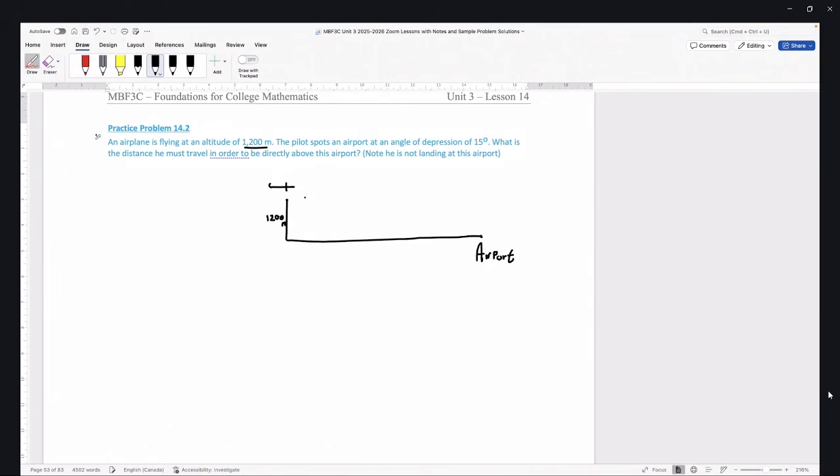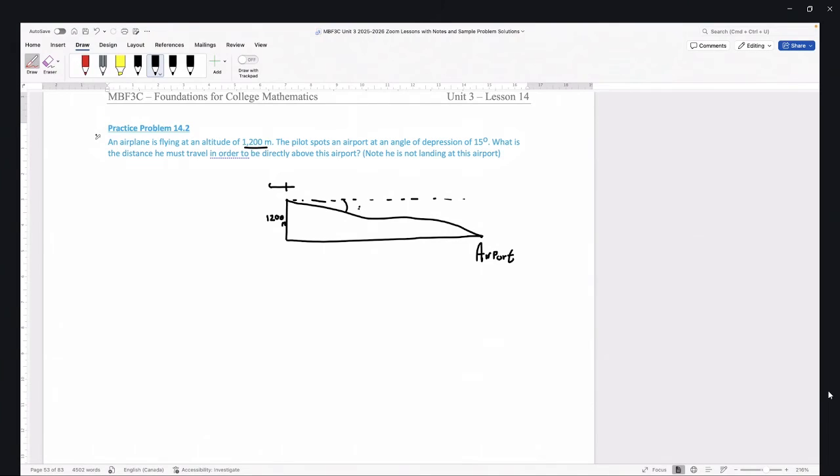There's the airport. So the angle of depression, I'm just going to draw a dotted line. This dotted line is parallel to the ground. And from here, should be a straight line. Sorry, it was not. So the angle of depression is right here.